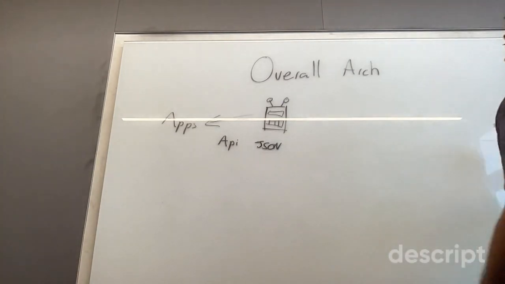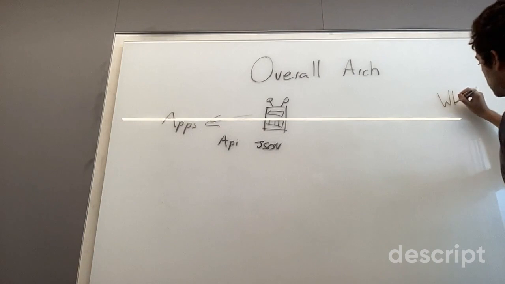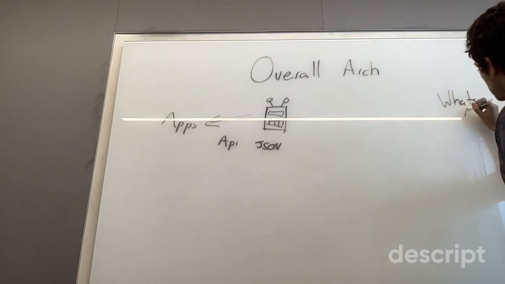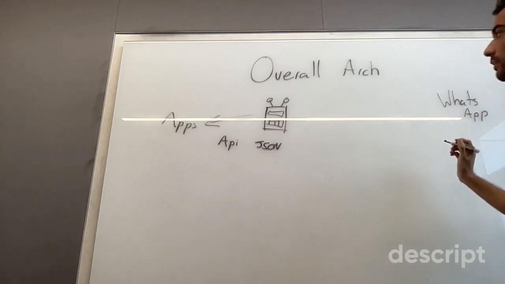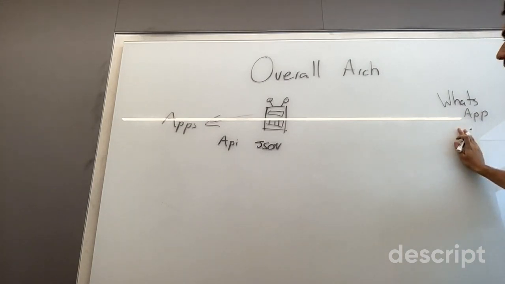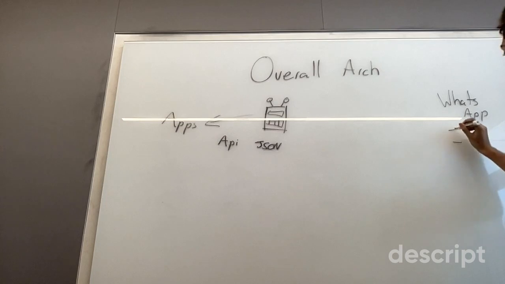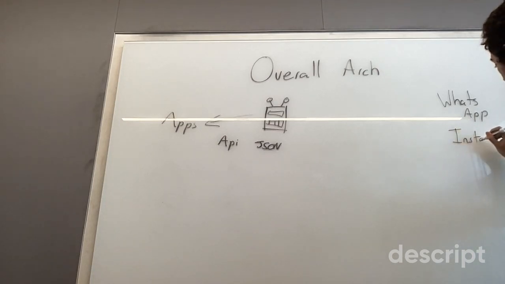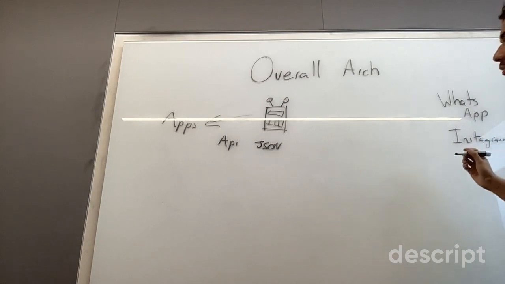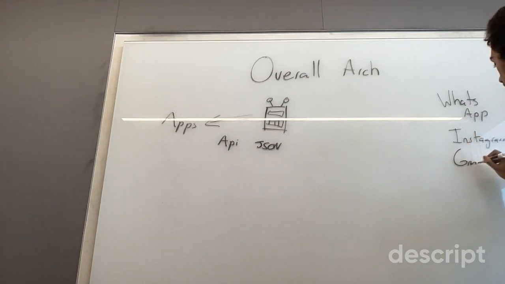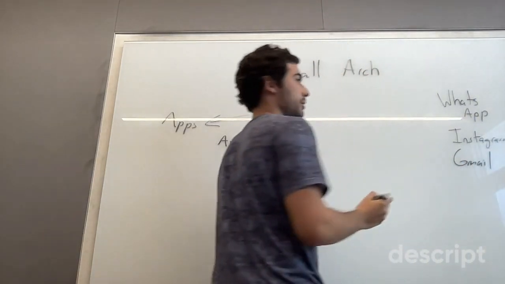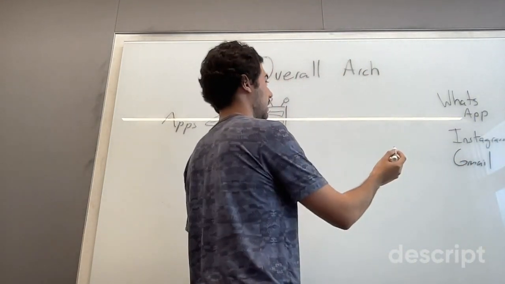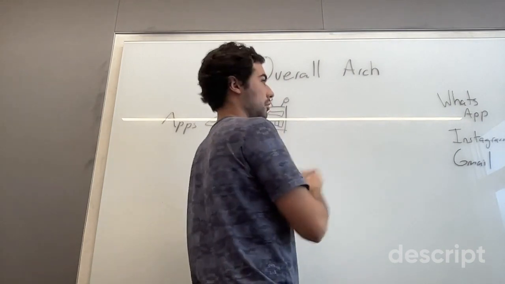So the customer is really here, and because we want to receive not only from WhatsApp, but maybe from Instagram, maybe whatever you want, maybe Gmail, whatever. So we need several layers before the message can actually reach our robot, right?